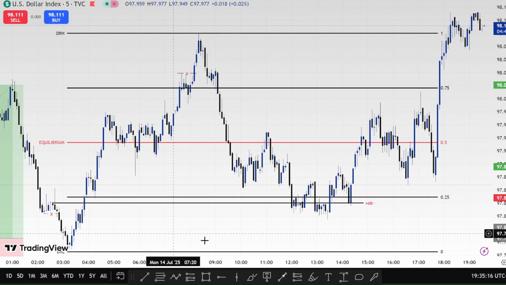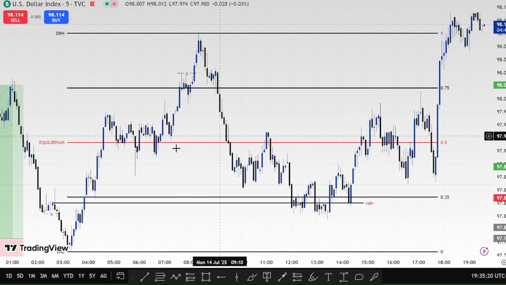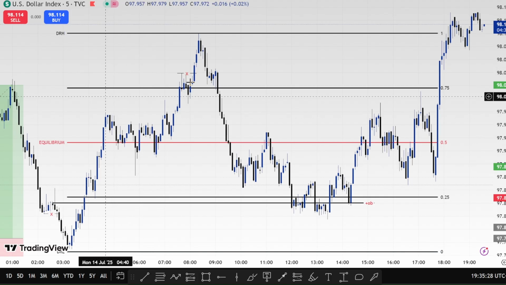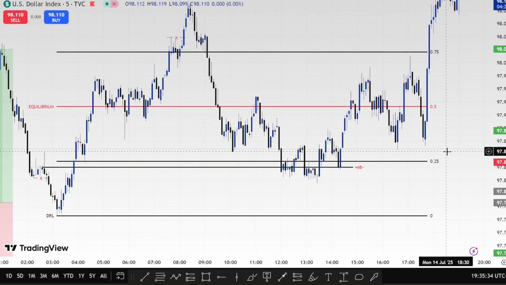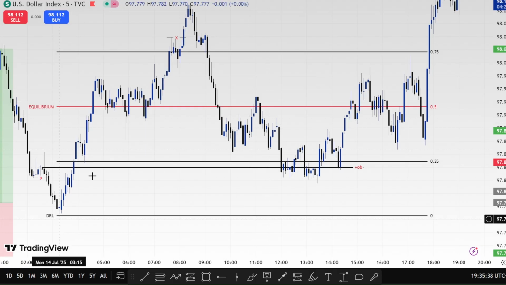If I want to move to the upside, I look for my entries at the discount zone. Everything that's up there, I don't look at it. I look for something in the lower side. That's why I found this high time frame order block. Then I look for fair value gaps, inverse fair value gaps, and all of these breaker blocks.